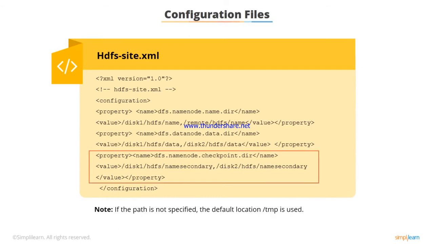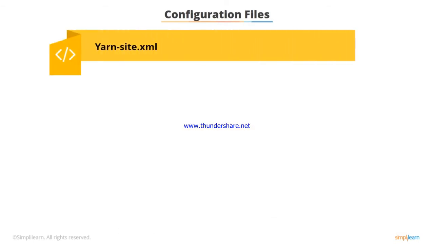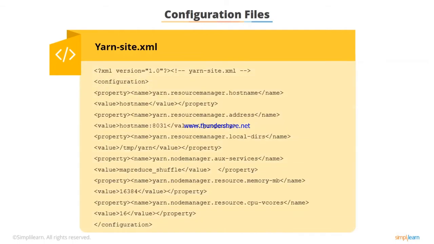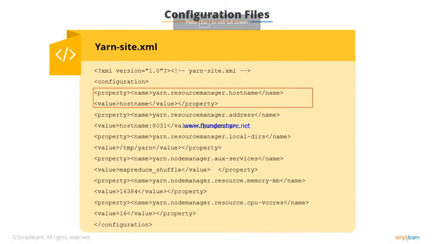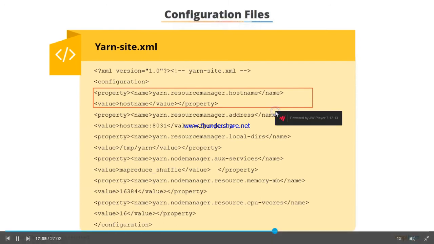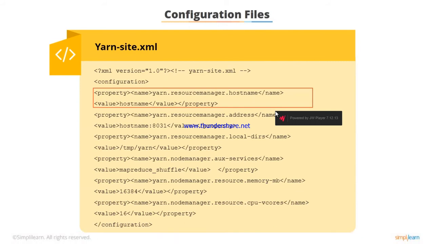In yarn-site.xml, you can specify the machine that is designated as the master for the processing layer, that is, the resource manager to run. With the property yarn.resourcemanager.hostname, you can specify the host name where the resource manager will run.